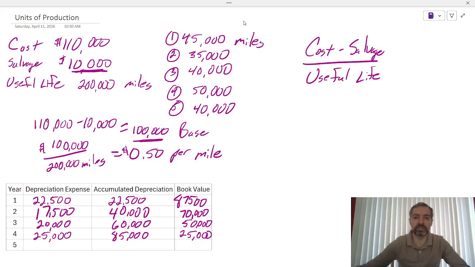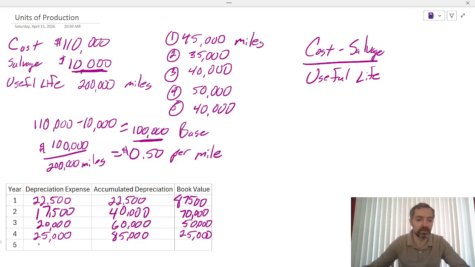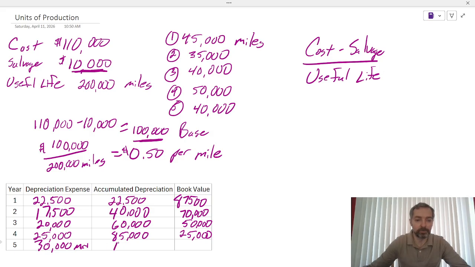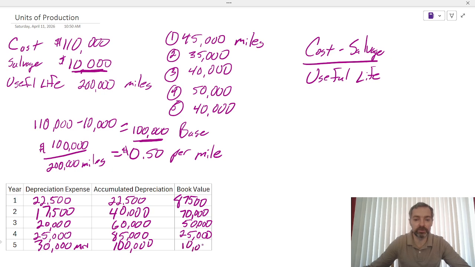So just for this year, we have to say that we have a maximum allowed amount of 15,000, which is a maximum of 30,000 miles in this case. And so we just ignore that last 10,000 miles. So maximum of 30,000. And so our accumulated depreciation is 100,000, which matches our depreciable base and gets our book value to 10,000.